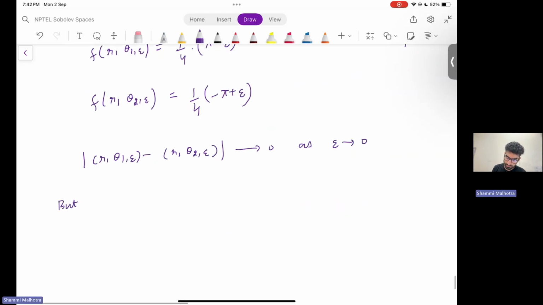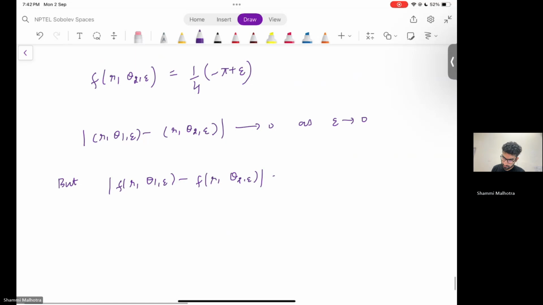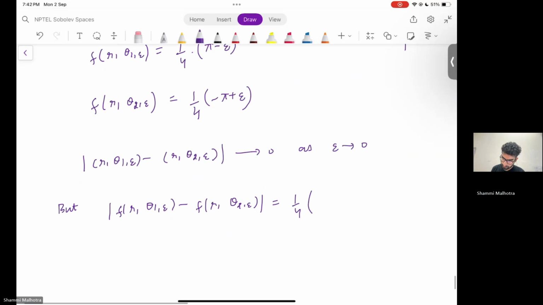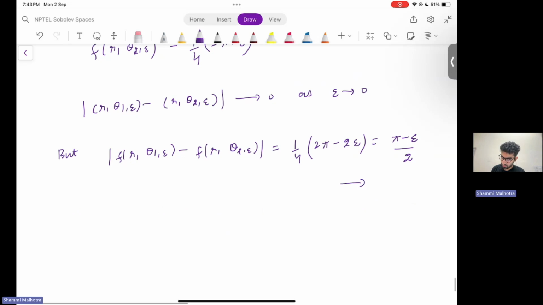But what is f of (r, theta 1 epsilon) minus f of (r, theta 2 epsilon)? This is 1 by 4 of 2 pi minus 2 epsilon, which is nothing but pi minus epsilon by 2. And this is not tending to 0.